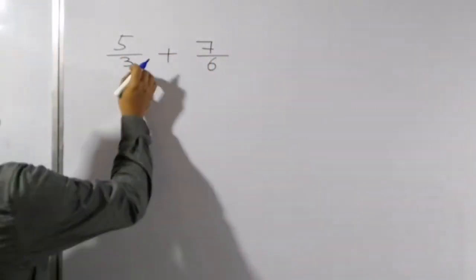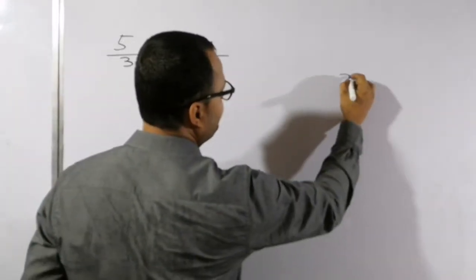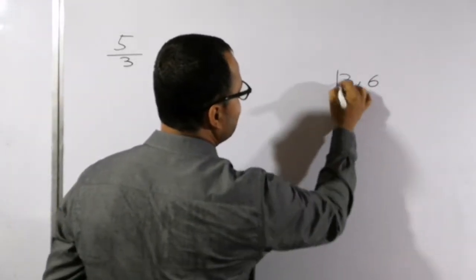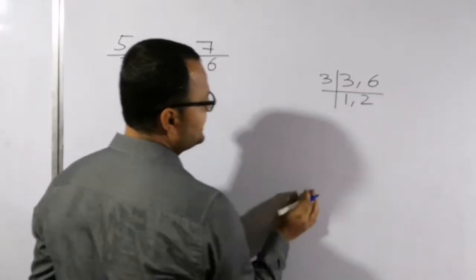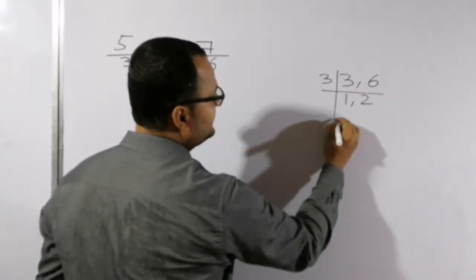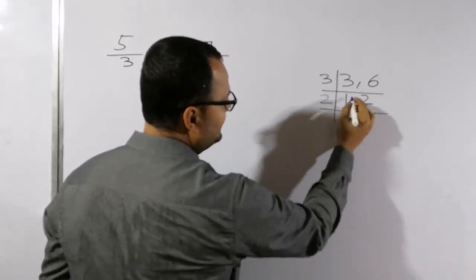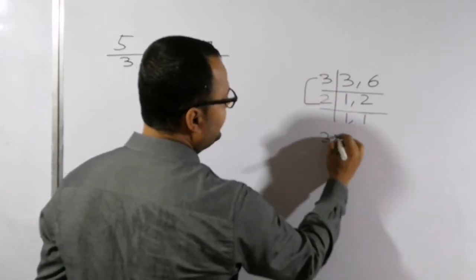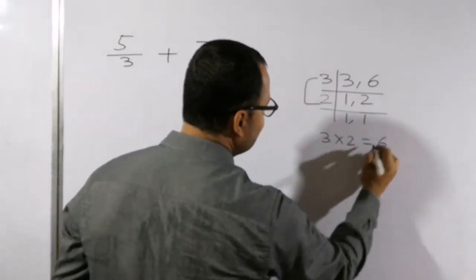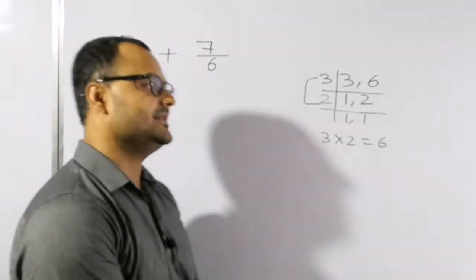So what we do, we find the LCM of 3 and 6. 3 ones are 3, 3 twos are 6. So the LCM of 3 and 6 is 6.